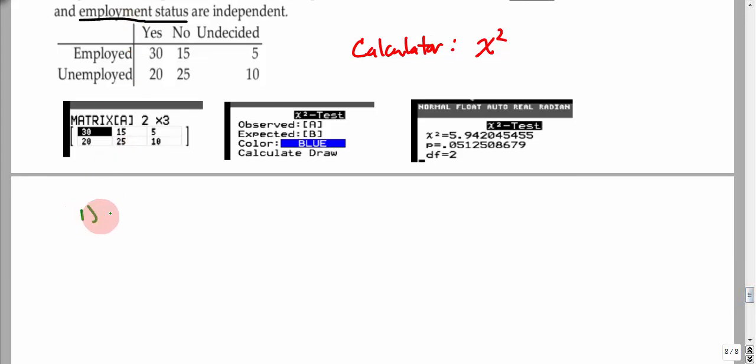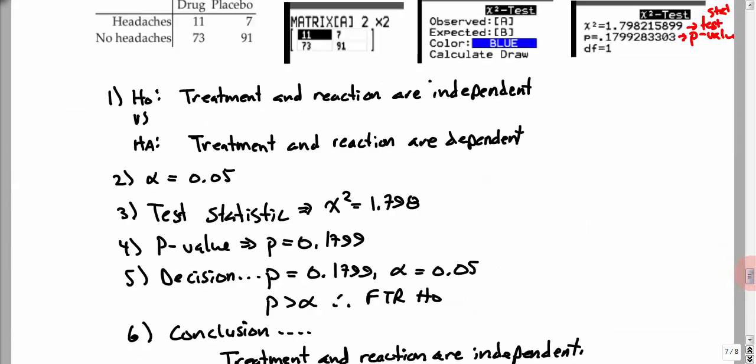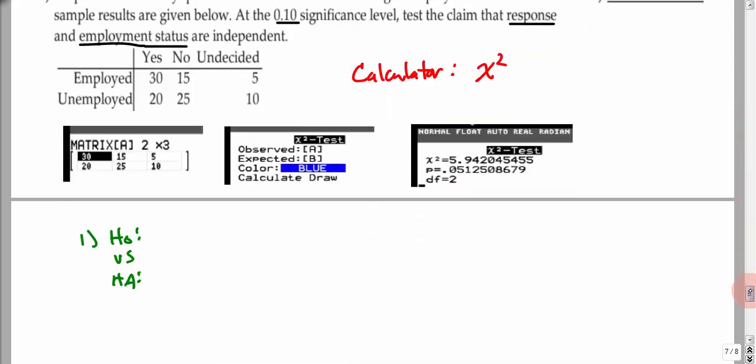So step 1, H0 versus HA. If we look back to our other, we have the variables are independent or the variables are dependent. So in this case I have response and employment status are independent.